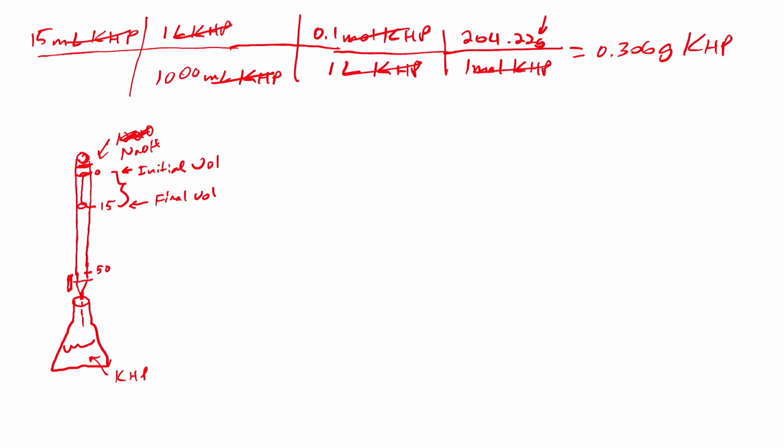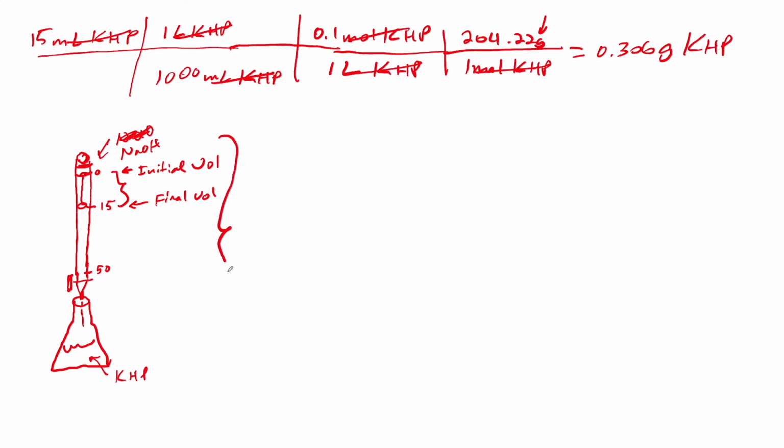We had the KHP grams, and we went to the sodium hydroxide molarity. Remember? So all you have to do is take what we just did there and do it exactly the same way, but just plug in the numbers from your burette.